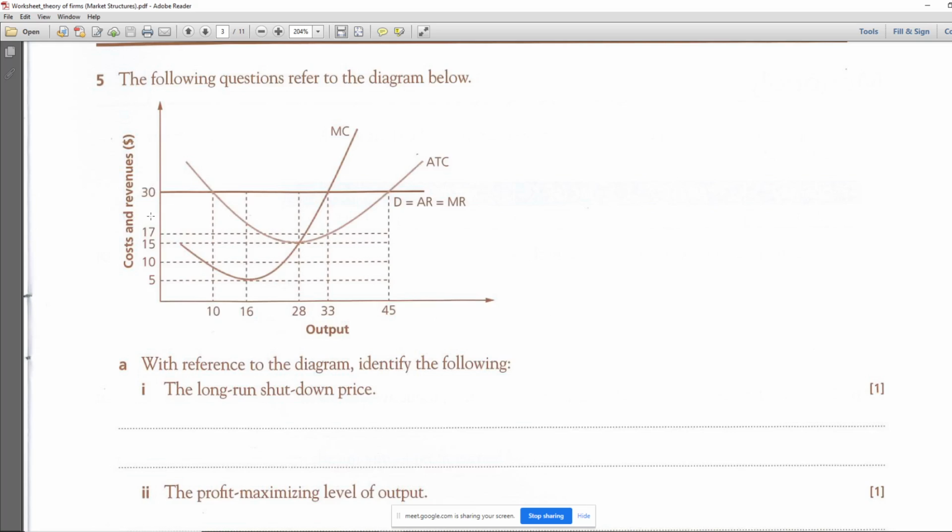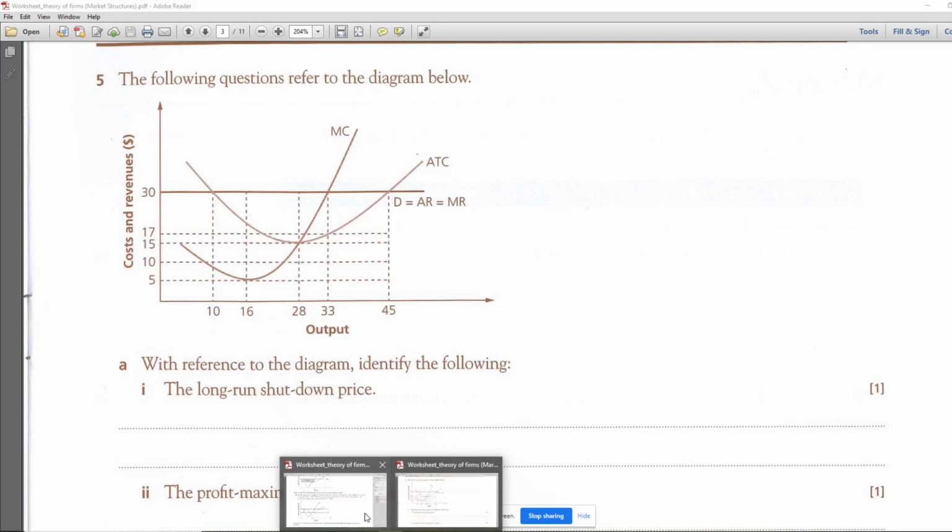If you sell 1 unit at this price of 30, you will get that unit profit. Multiply it by the output that you are selling, 33, and you will get the area of profit, which is here.